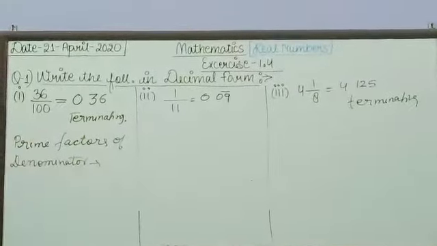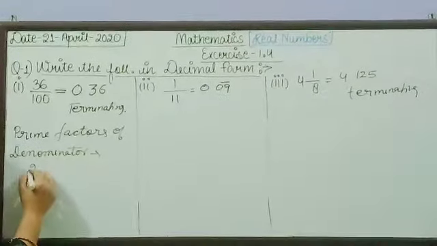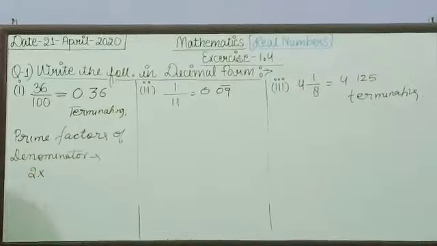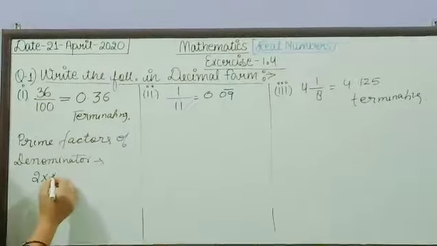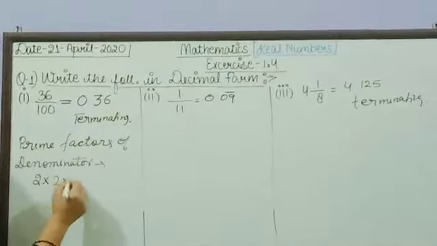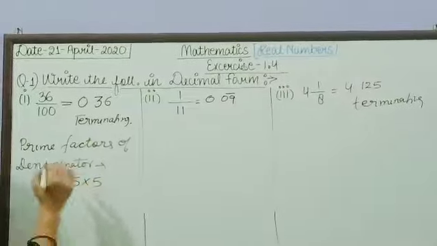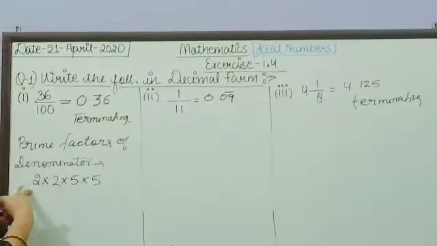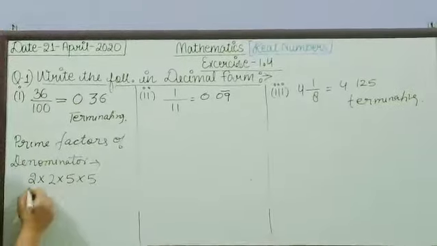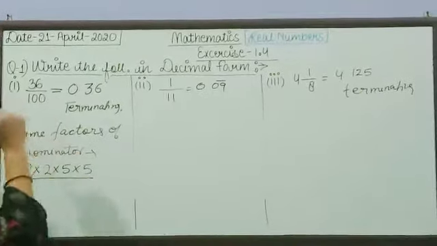So how will you write? 2 into 50. And what will be the prime factors of 50? That is again 2 into 25, and 5 into 5. So 5 5s are 25, 25 twos are 50, 50 twos are 100. So these are the prime factors of 100.